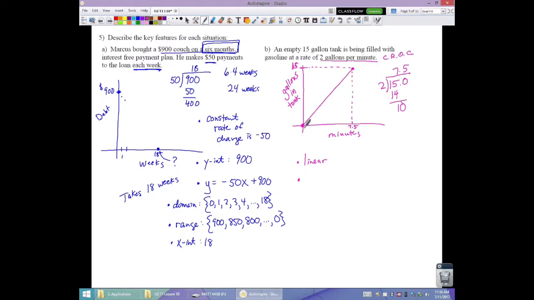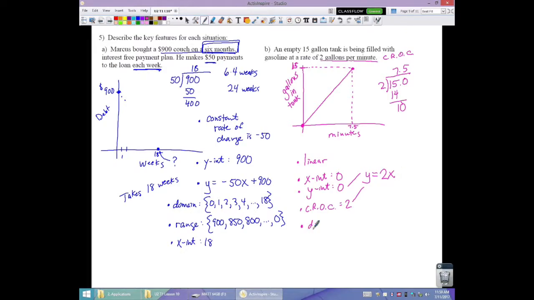It's both the x and y intercept. So the x-intercept is 0, and so is the y-intercept. We could list that constant rate of change as 2. So if we have the y-intercept and we have the constant rate of change, we can make our equation y equals 2x. We can either write plus 0 or just end the equation after the 2x.